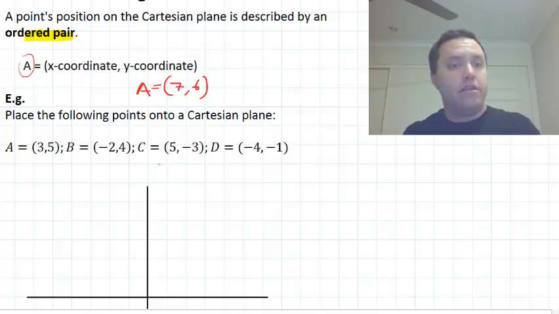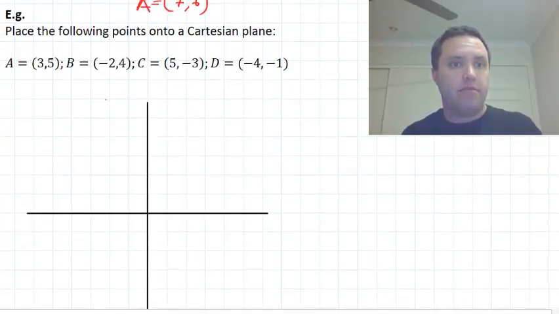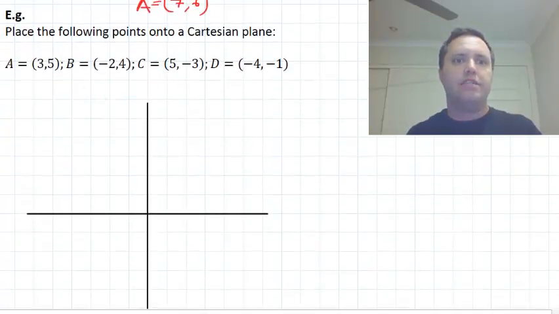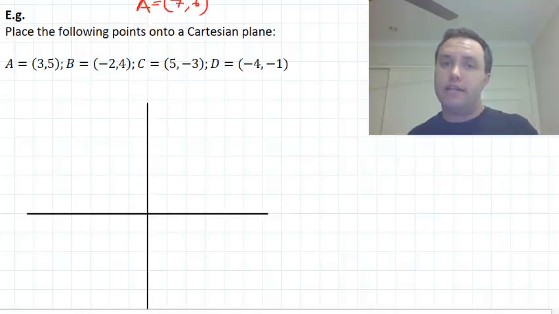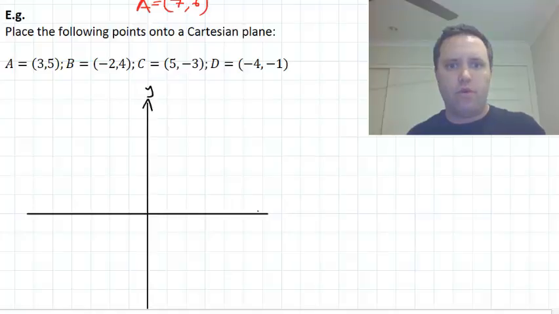Okay, now just here we're going to have a look at an example of what that might kind of look like. So we're going to place the following points onto a Cartesian plane, typical style question for you to do in an exam situation. So I've got y this way, x going this way. Okay, so first one, A, is 3, 5. So that means we come out to where x is 3 and y is 5.